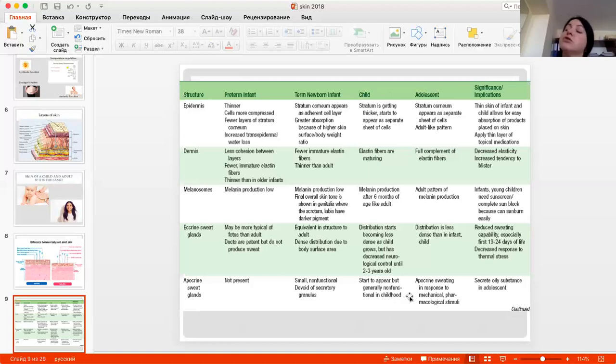They start to function at the age of teenager, because they have receptors for the sex hormones. So during puberty, they start to produce oil and sweat more actively. That's why we talk about teenagers, that hyperhidrosis, the overproduction of sweat and oily substances, is very typical for puberty. But it's not typical for young children, especially for infants.